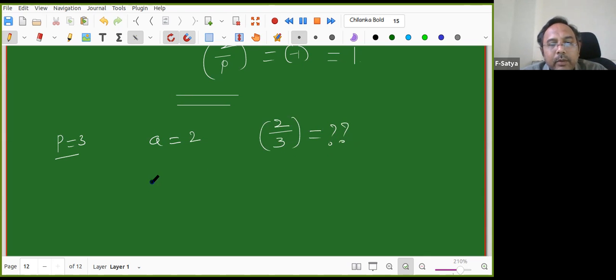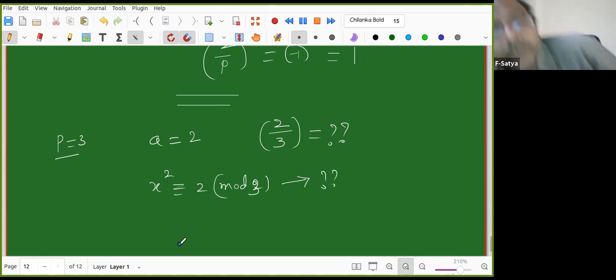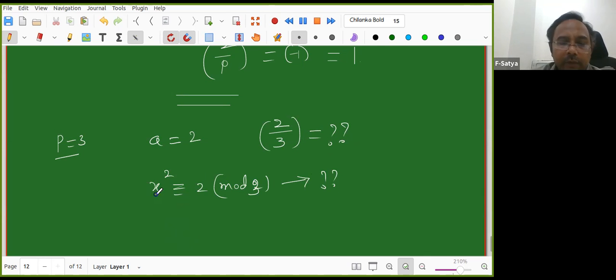Now x square is congruent to 2 mod 3. Does it have a solution? Substitute 1 and 2. 1 square is congruent to 1, which does not satisfy 2 mod 3. 2 square is also congruent to 1 mod 3, not 2 mod 3. So it does not have a solution.